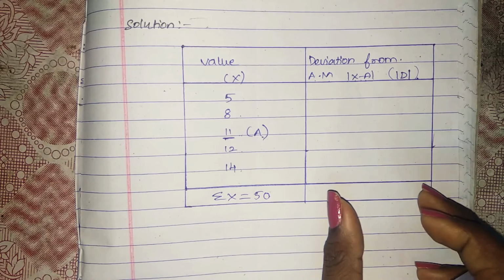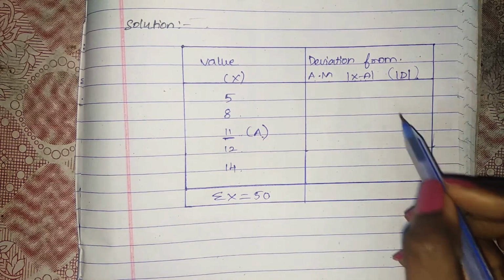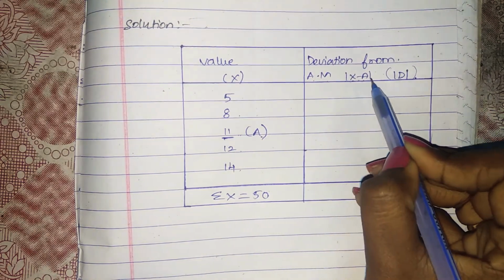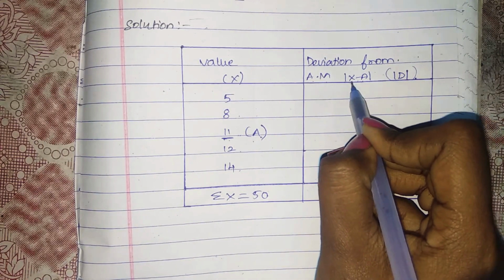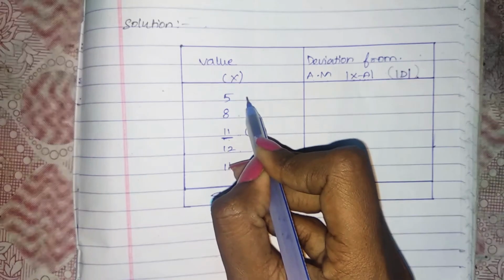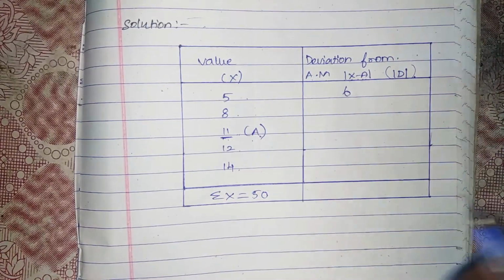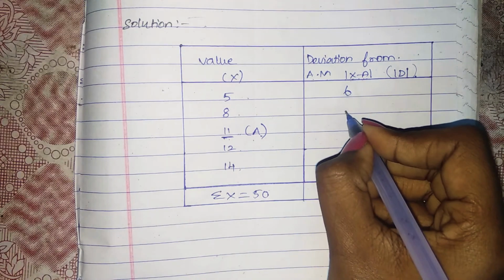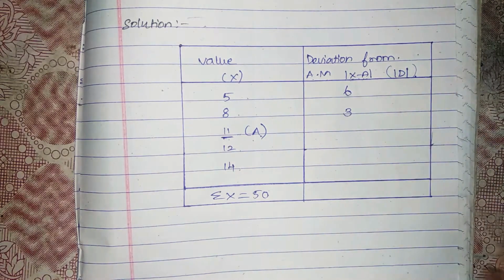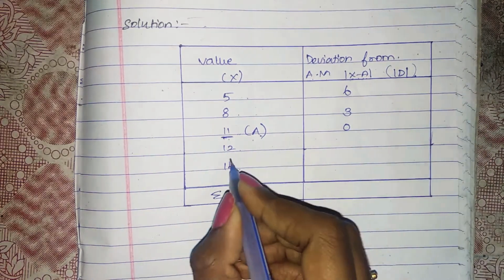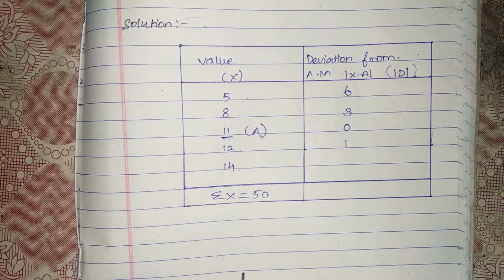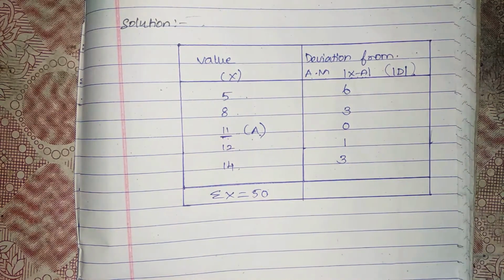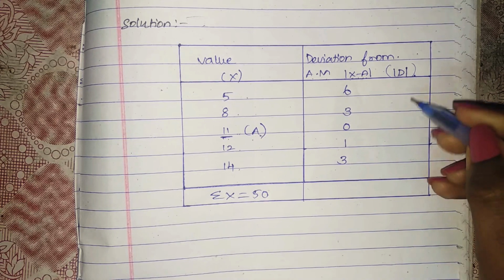Now we move into the calculation of this column. The format is x minus a, where a is the assumed mean 11. 11 minus 5 is 6, 11 minus 8 is 3, 11 minus 11 is 0, 12 minus 11 is 1, 14 minus 11 is 3. These are the values of modulus d.